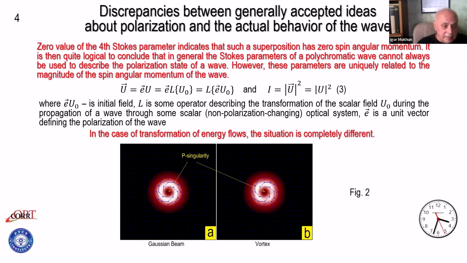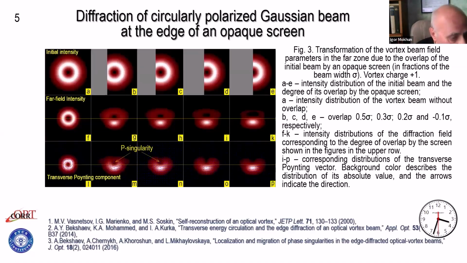Let us demonstrate this fact by using the example of diffraction of such beams at the edge of a screen. It is known that during diffraction of vortex beams at the edge of a screen, in the far zone, the vortex center, coinciding with the P singularity, is shifted by an amount that depends only on the degree of beam overlap.